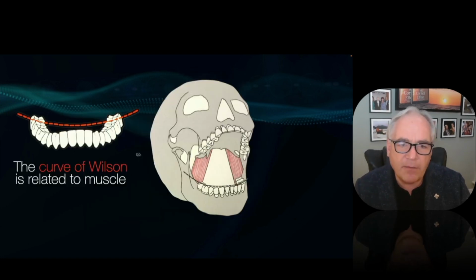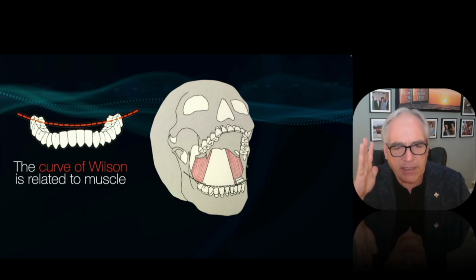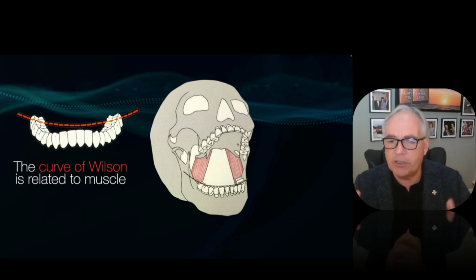But we think about curve of Wilson, and again, people tend to chew in an elliptical pattern. They drop open, they go to the left or the right, and they come back on an angle. And so if you think about maxillary teeth being tipped out a little bit, mandibular teeth being tipped in a little bit, as we come back on the chewing stroke, that also puts forces through the long axis of the teeth.